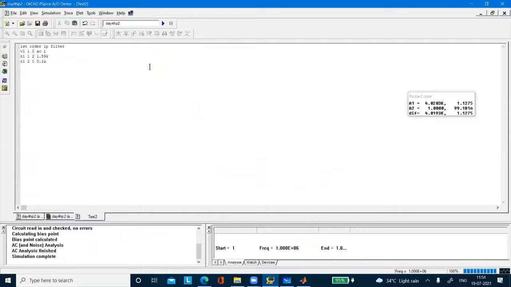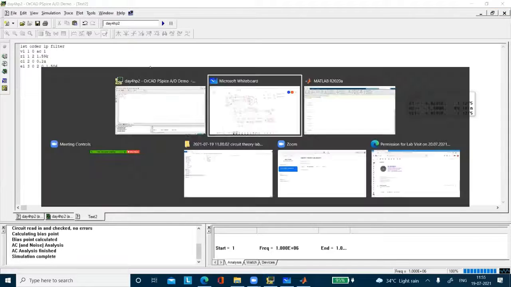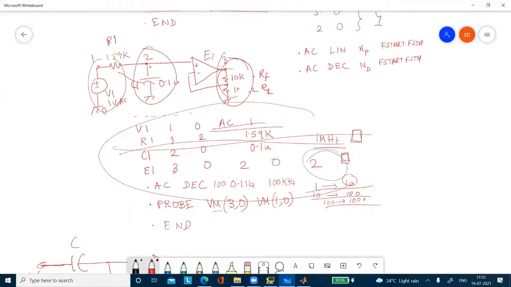Then E1 is 30. Very good. Let us take 1.586, not 2. I'm taking 1.586. This value 1.5, to compare the value.